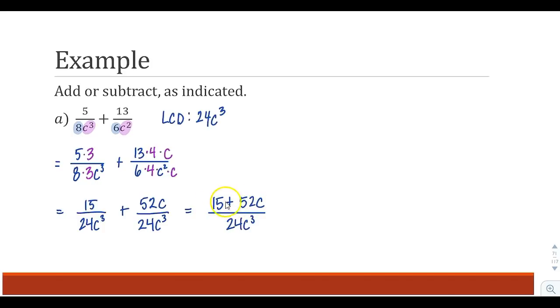In the numerator, I can't factor out anything. Nothing's in common between 15 and 52, and they both don't have the c in it. So there's nothing else I can factor, which means I can't cancel anything, because on the bottom I just have one term. So I'm not allowed to cancel these two terms, remember, because these are added. So there's nothing else I can do. This is my answer.